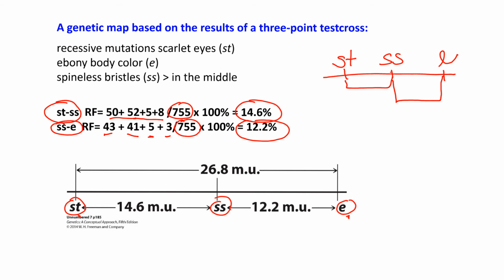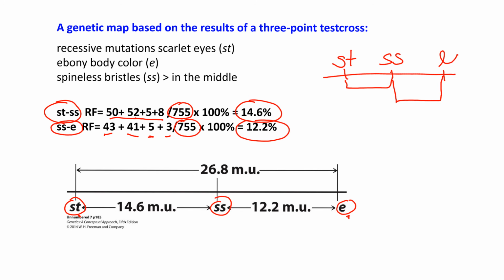Secondly, identify the double crossover progeny, and by comparing the phenotype of double crossover progeny with that of non-recombinant, they should be alike in two characteristics and differ in one. So if you look at the genotypes, you will find which gene is different, and you will find that the gene which is different is in the middle.